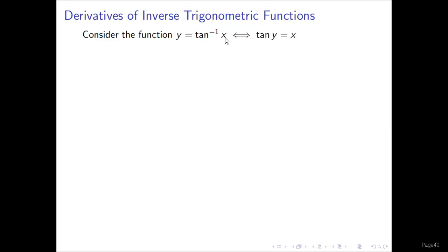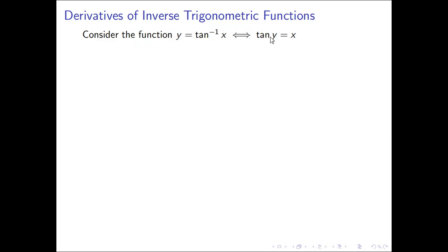In other words, if y equals tangent inverse of x, then we know that the tangent of y is equal to x. It's just like squaring and the square root. It's just like the logarithm and the exponential. So this equation defines the inverse trigonometric function, or rather this statement.